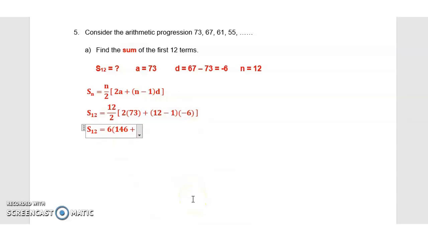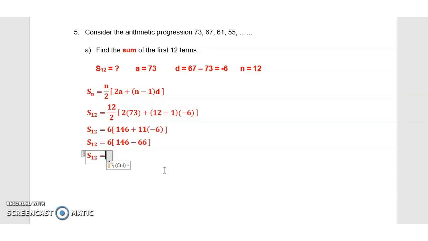11 times negative 6 is negative 66. So I put it like this, 12 minus 1, 11, multiply by negative 6. I show it one by one first. So 6 in front of the bracket, 146, plus 11 multiplied by negative 6 is negative 66.